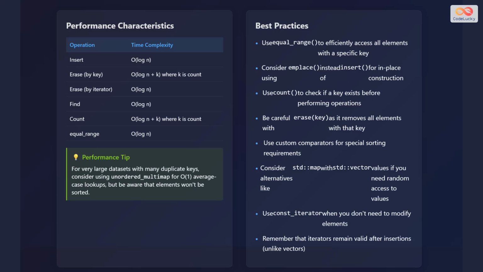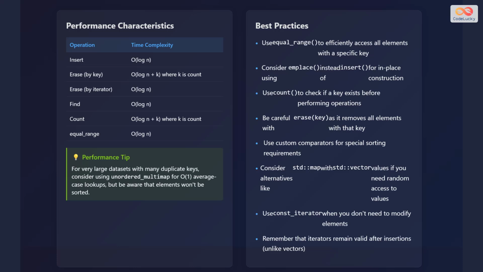Here are some best practices to keep in mind when using multimaps. Use equal_range to efficiently access all elements with a specific key. Consider using emplace instead of insert for in-place construction. Use count to check if a key exists before performing operations. Be careful with erase(key), as it removes all elements with that key. Use custom comparators for special sorting requirements.